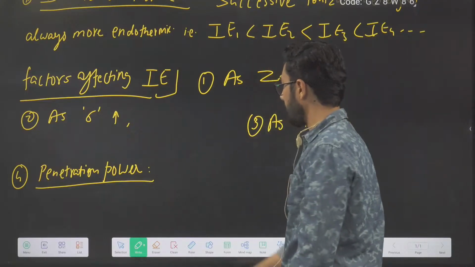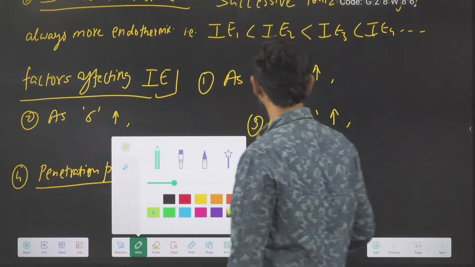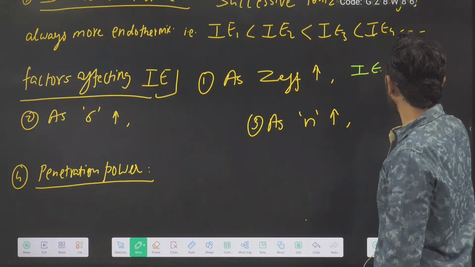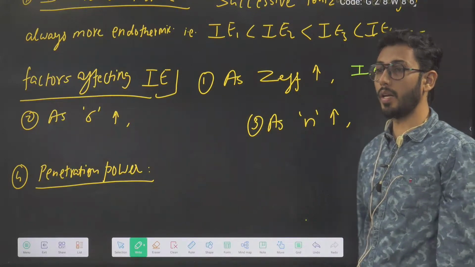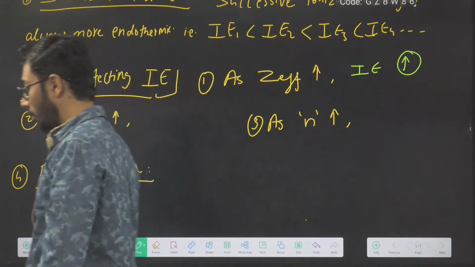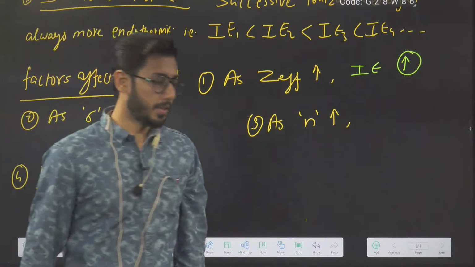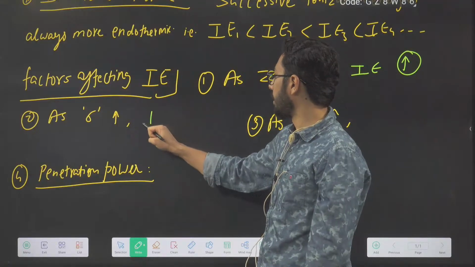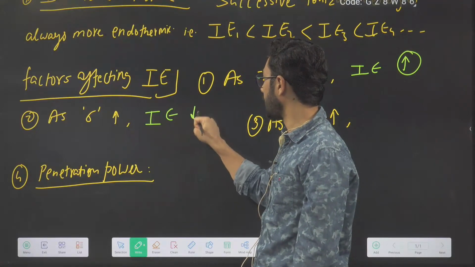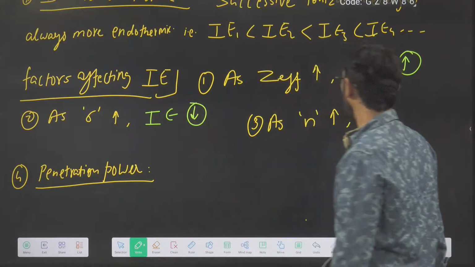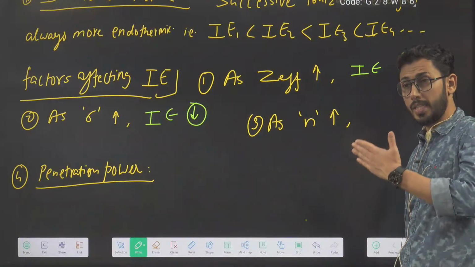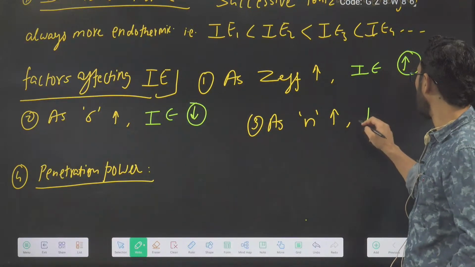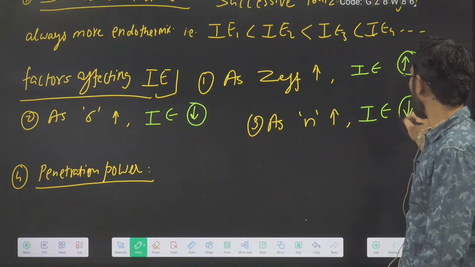First one, Z effective increases, IE will increase, more energy required to remove the electron. Sigma increases, repulsion and shielding factor increasing, less energy required, IE decreases. Shell number increases, distance of the electron from the nucleus increases as shell increases, less energy required to remove the electron.